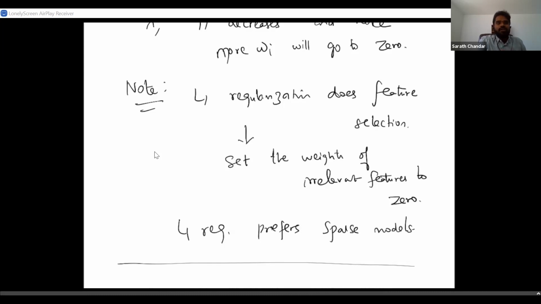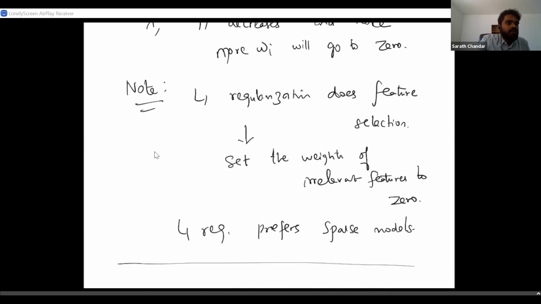On the other hand, L1 is going to set a lot of weights to zero. So depending on whether you want a sparse model or not, you would go for L1 or L2. But L2 regularization is probably the most common that you would see. And in some sense, this is also a hyperparameter, so you could try both L1 and L2 and do model selection.